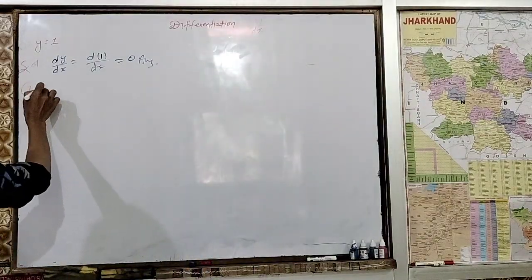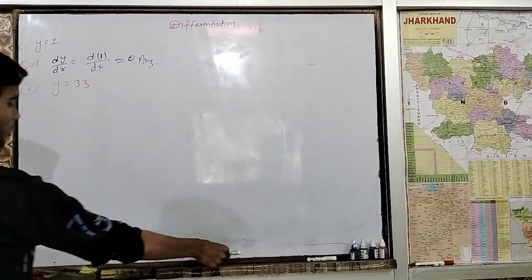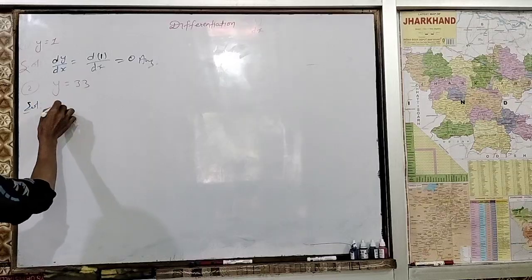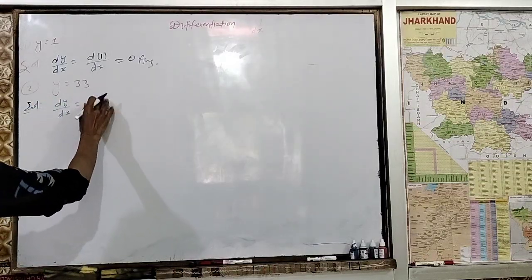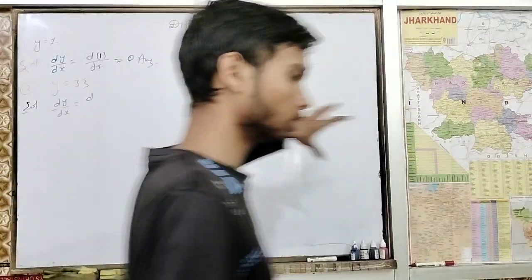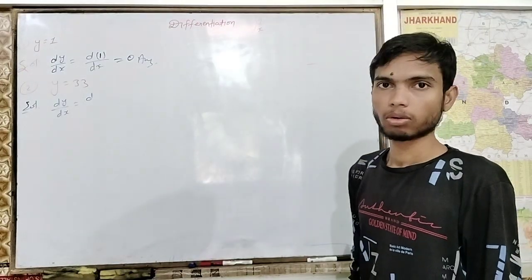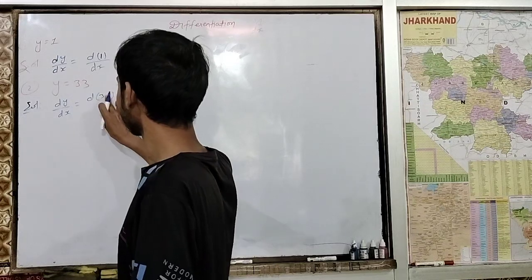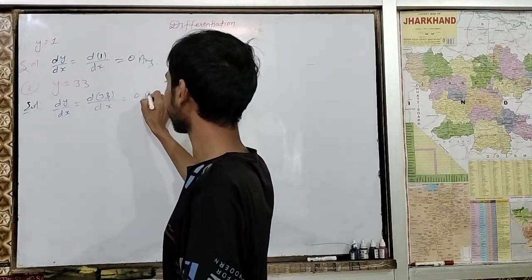Same here. Your next question can be y is equal to 33. In that case, dy upon dx, you are doing differentiation of y, so 33 upon dx will be what? 0.